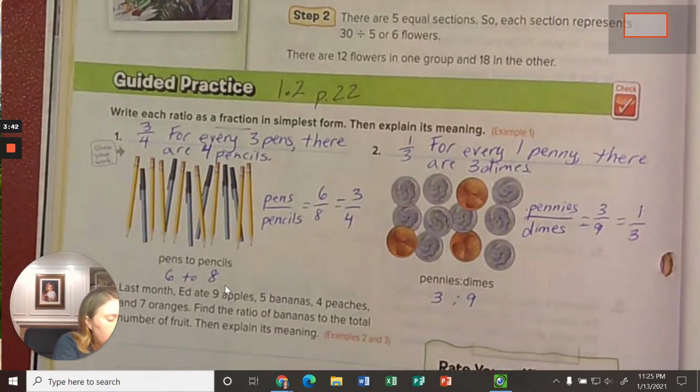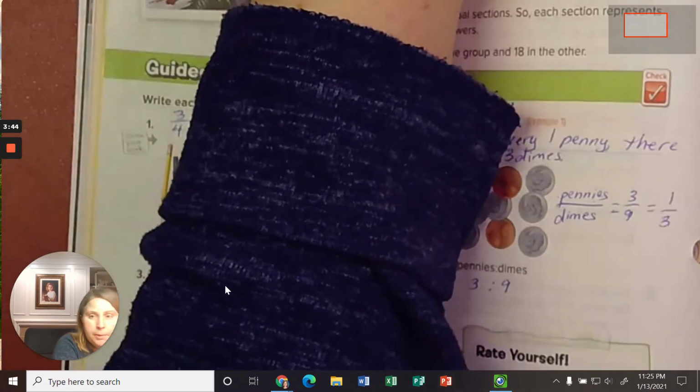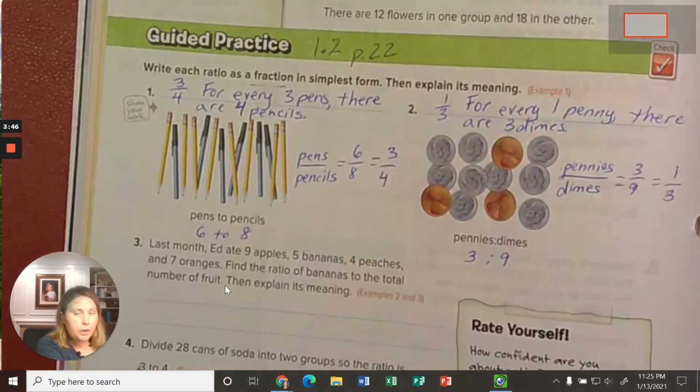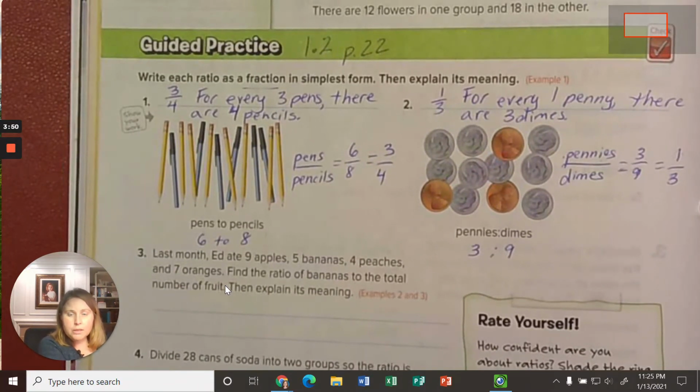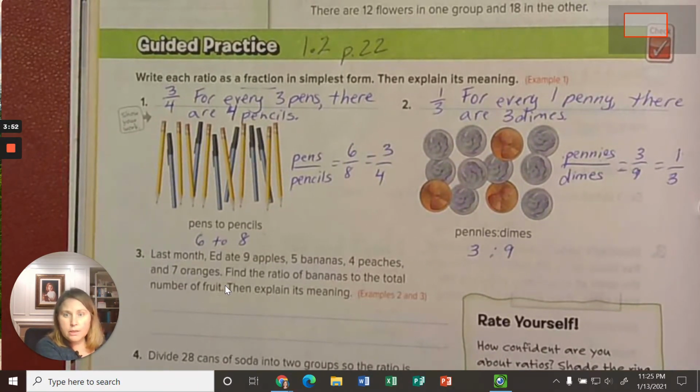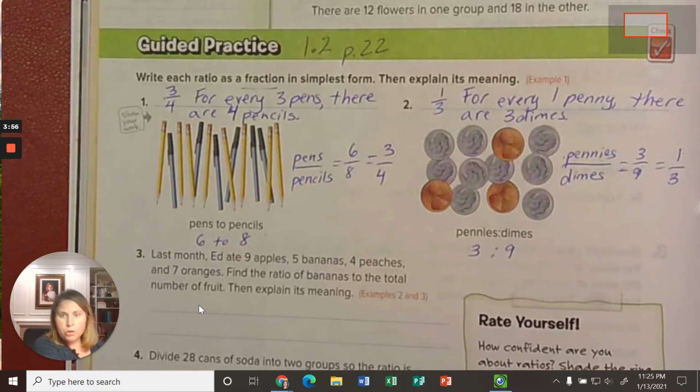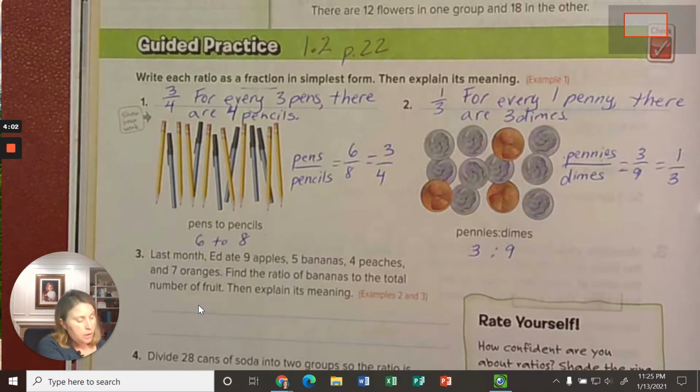Okay, then let's take a look at number 3. Last month, Ed ate 9 apples, 5 bananas, 4 peaches, and 7 oranges. Find the ratio of bananas to the total number of pieces of fruit, then explain its meaning. Okay.